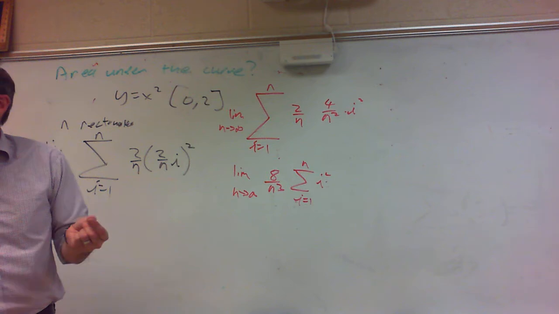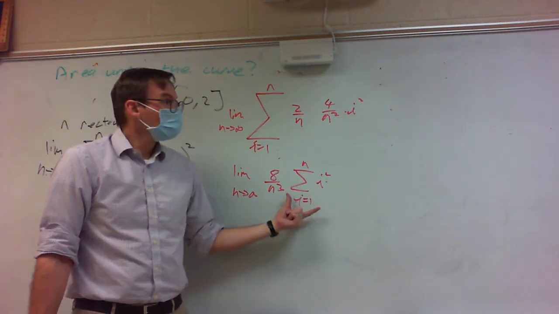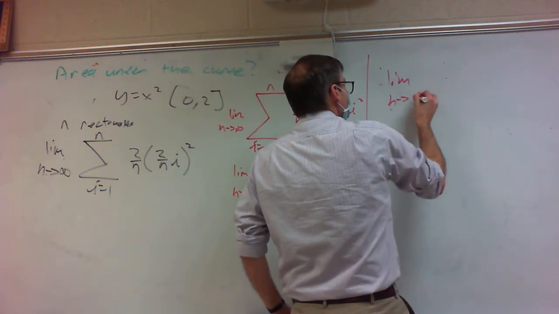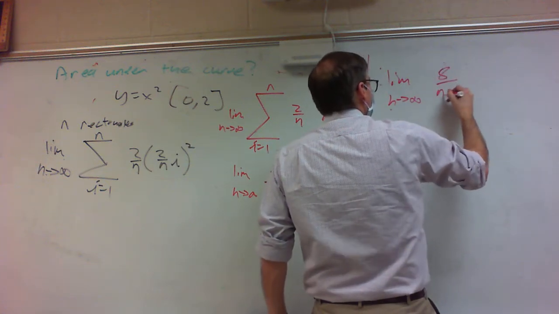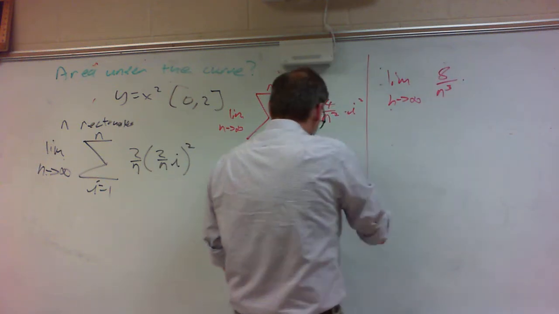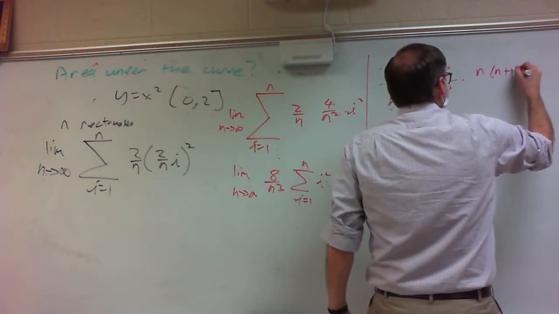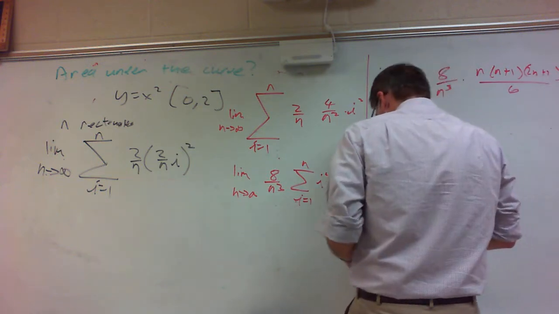And now, that looks like a formula we've seen. And I'm going to write it over here. This is going to be the limit as n gets really big of 8 over n cubed times that formula which I had written, n times n plus 1 times 2n plus 1 all over 6.